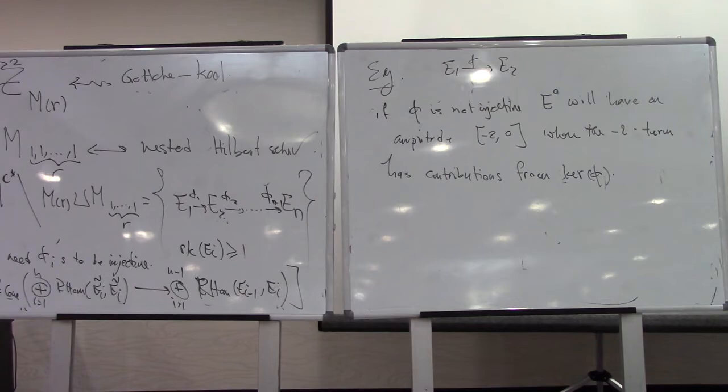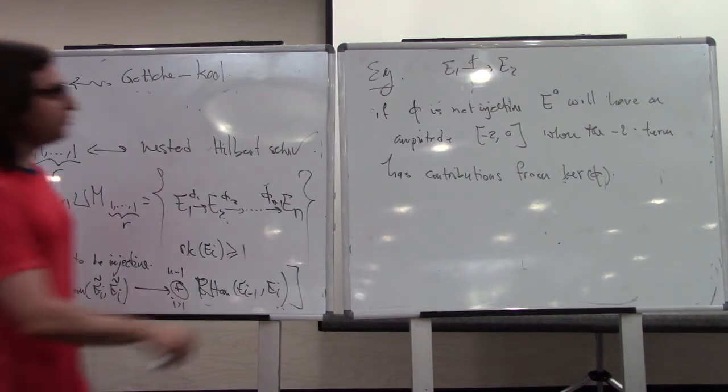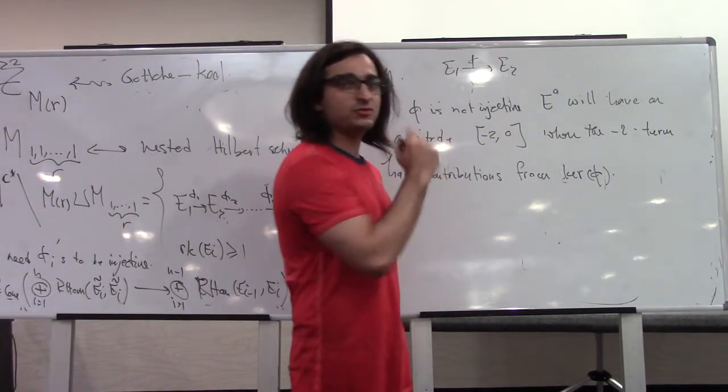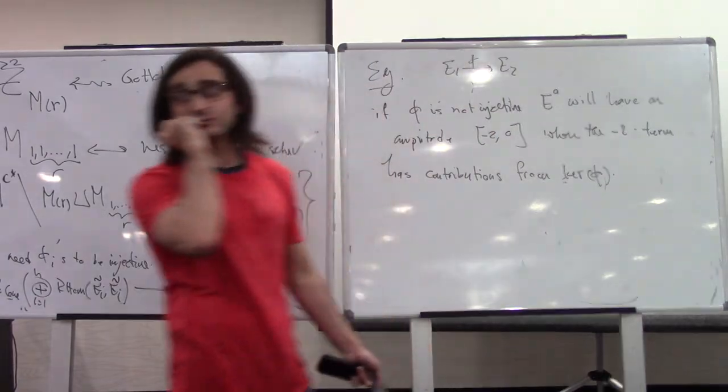So this is what prevents you from constructing a well-defined notion of deformation obstruction theory, even for twofold flags.